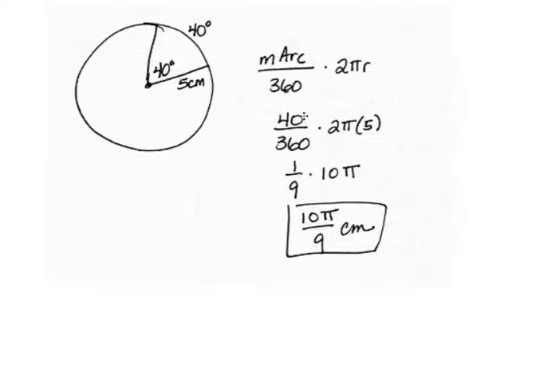Then I further simplify it. 40 over 360 is 1 over 9 times 10 pi, and that is 10 pi over 9 centimeters. It's not square centimeters, it's actually centimeters. That is my exact answer. If I wanted an approximate answer, I would plug it into my calculator and round.